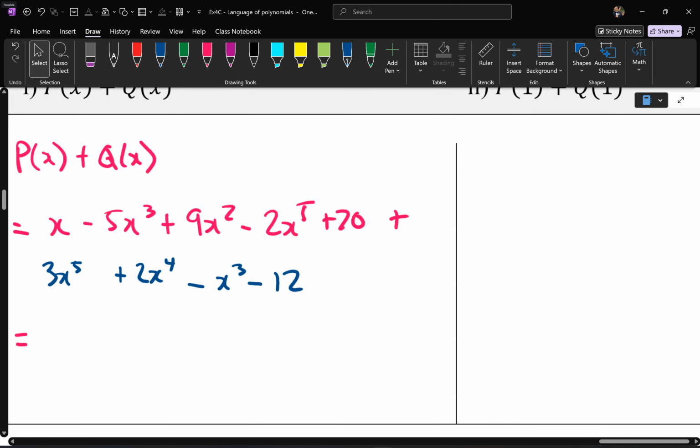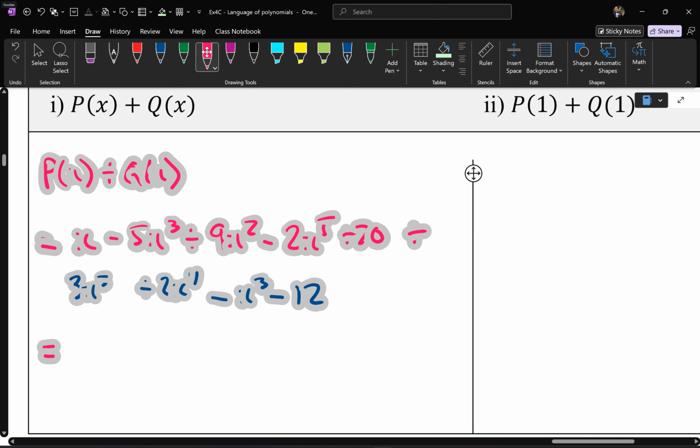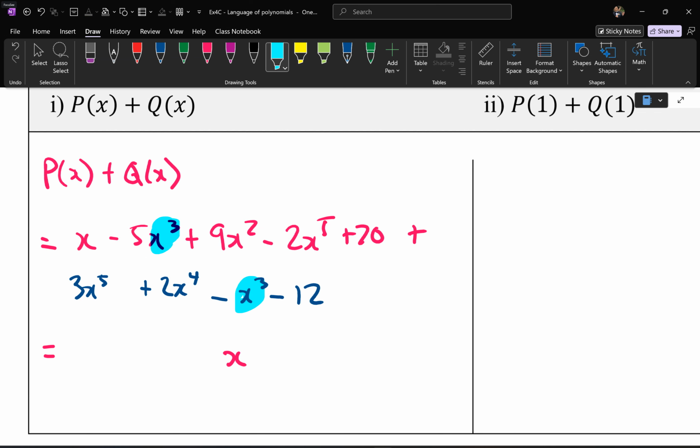So what can I simplify? Well, there's no x's on the other side, so x is good. Cubes: I've got an x cubed here and an x cubed here, so negative 5 minus 1 gives you minus 6x cubed. Then I've got an x squared. There's no x squared on the other side, so I'll keep it as plus 9x squared.